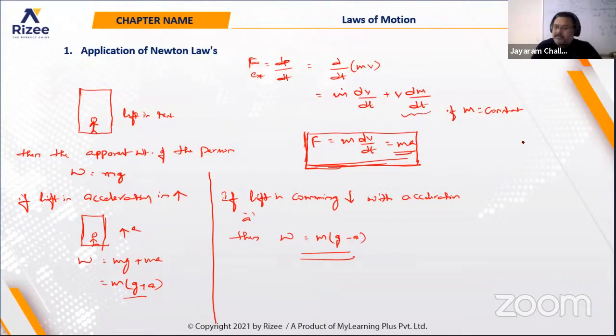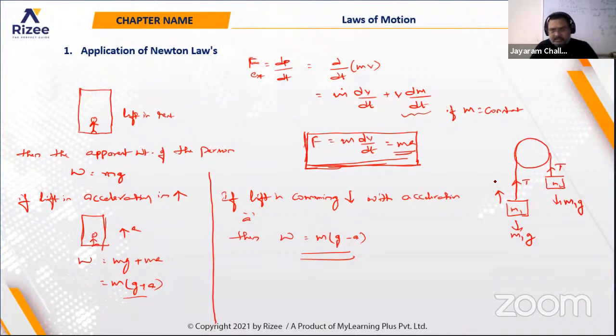Or in general terms, for the connecting bodies, for example, a pulley with a mass m1 hanging on one side and another mass m2 on the other side, these can be handled with Newton's relations. Upward forces are the tension, downward forces are m1 g. Then you can go for the resultant force. Let me take the condition where m1 is greater than m2.